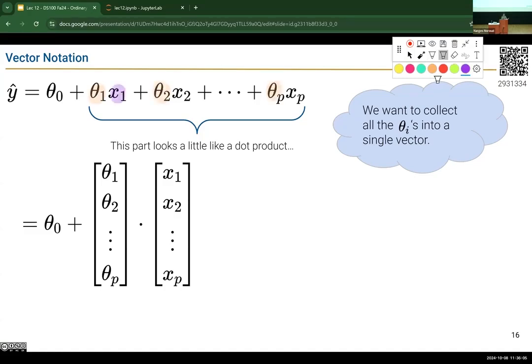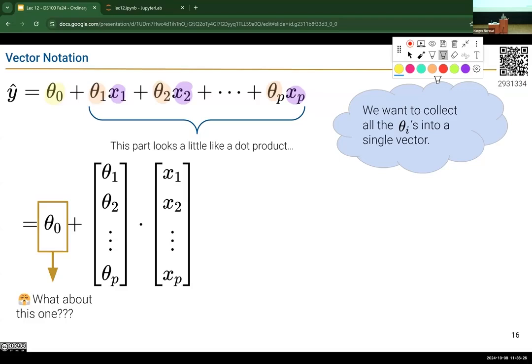This one had a partner of x1, this one had a partner of x2, this one had a partner of xp. So I was able to collect all the partners into one column vector x, and all of the theta values into a theta vector. But what I didn't have for theta 0 was a partner that's multiplied with theta 0.